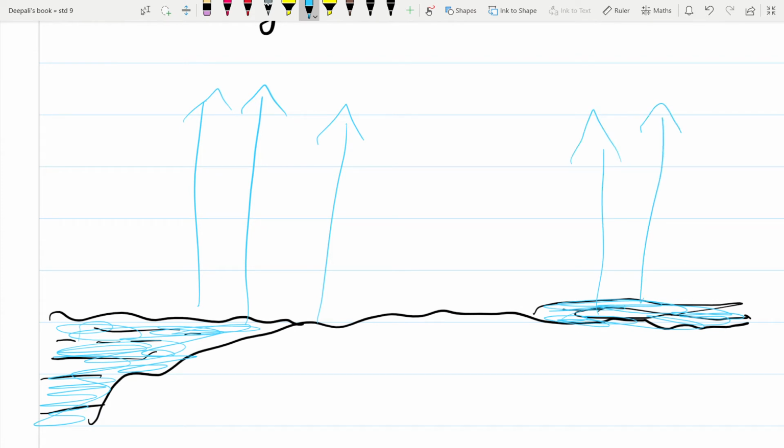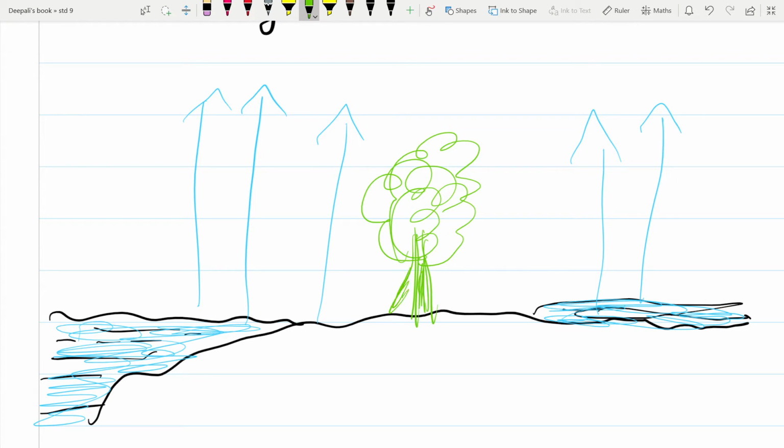As well as through the process of transpiration from the trees and from the animal bodies, water is also transferred into the atmosphere.